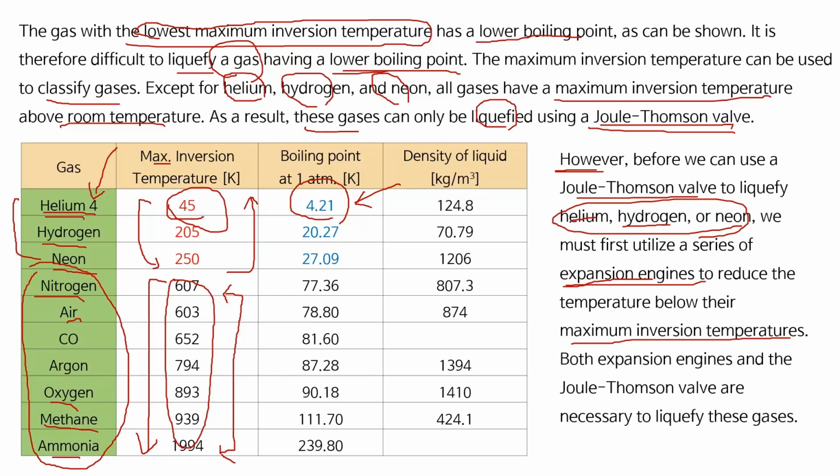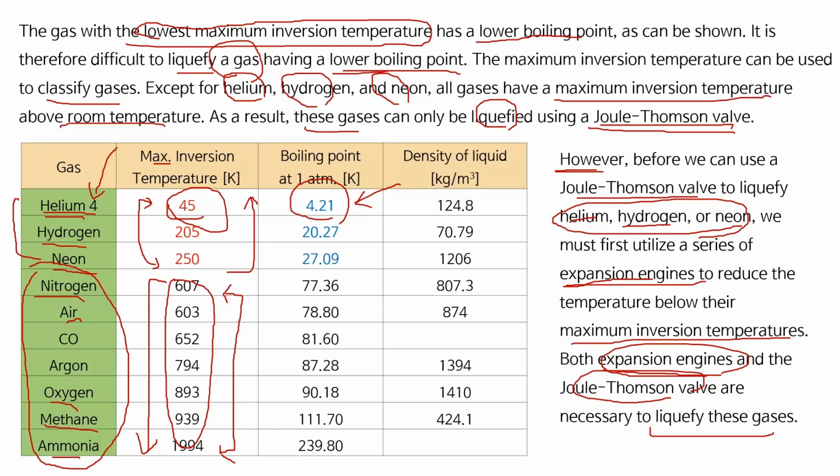So we first lower the temperature of the gases using the expansion engine below this maximum inversion temperature. Then we can use the Joule-Thomson valve to liquefy the gases. Both expansion engines and the Joule-Thomson valve are necessary to liquefy these gases.